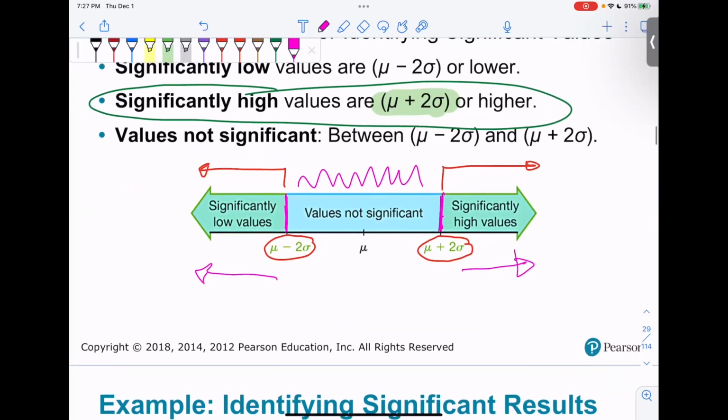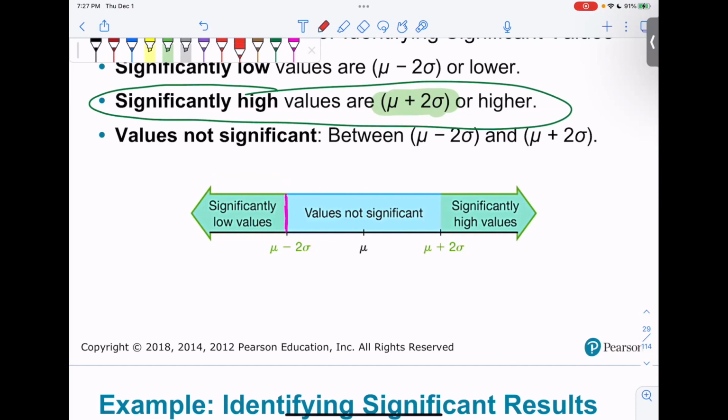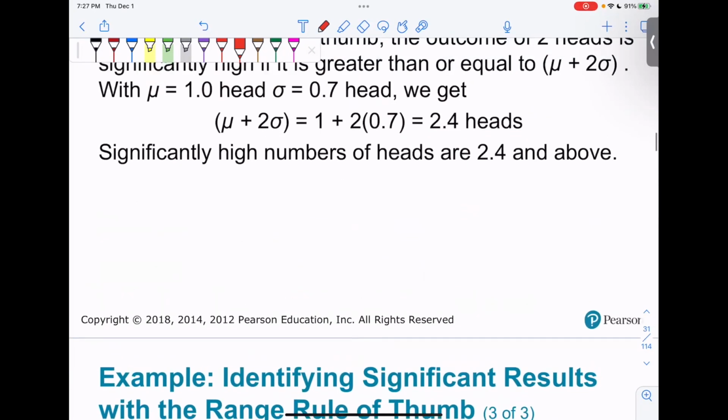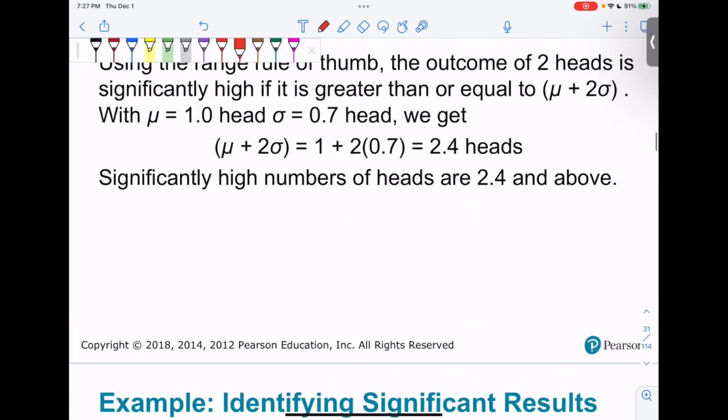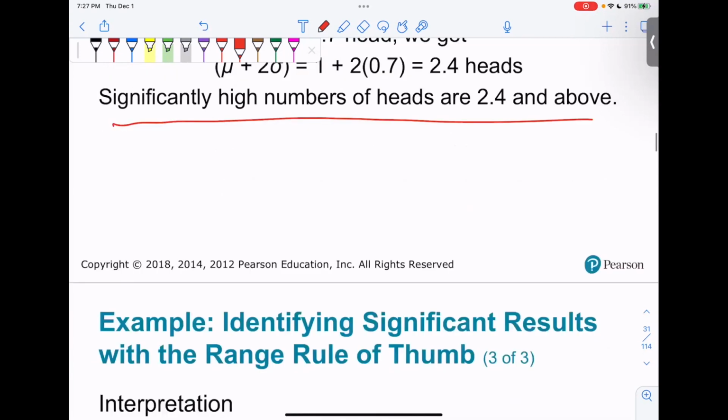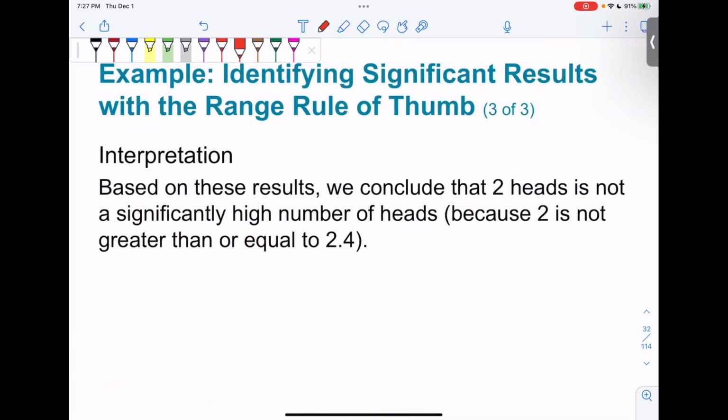This value is 2.4, and 2 is somewhere here, which is not significant. So the significantly high numbers of heads are 2.4 and above. Then 2 is not significantly high.